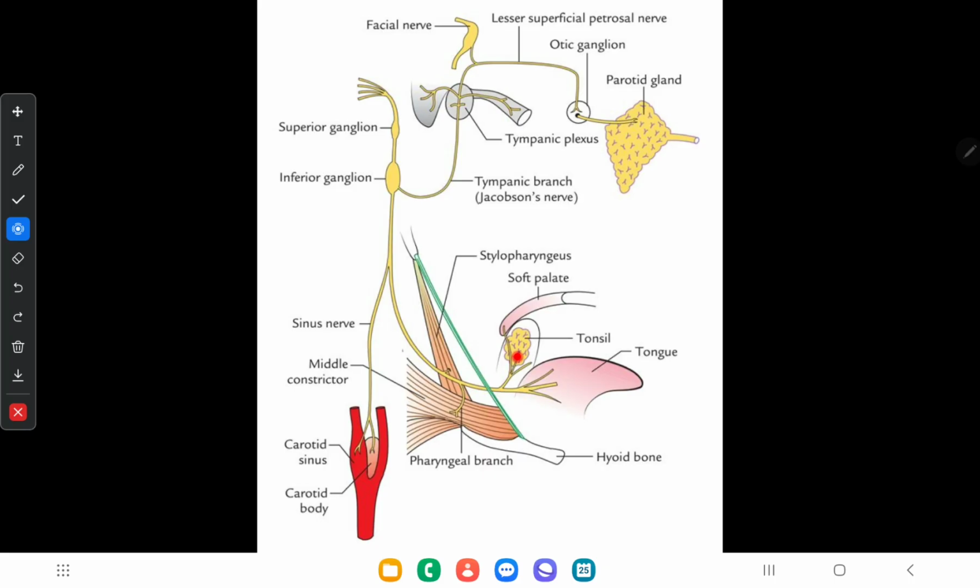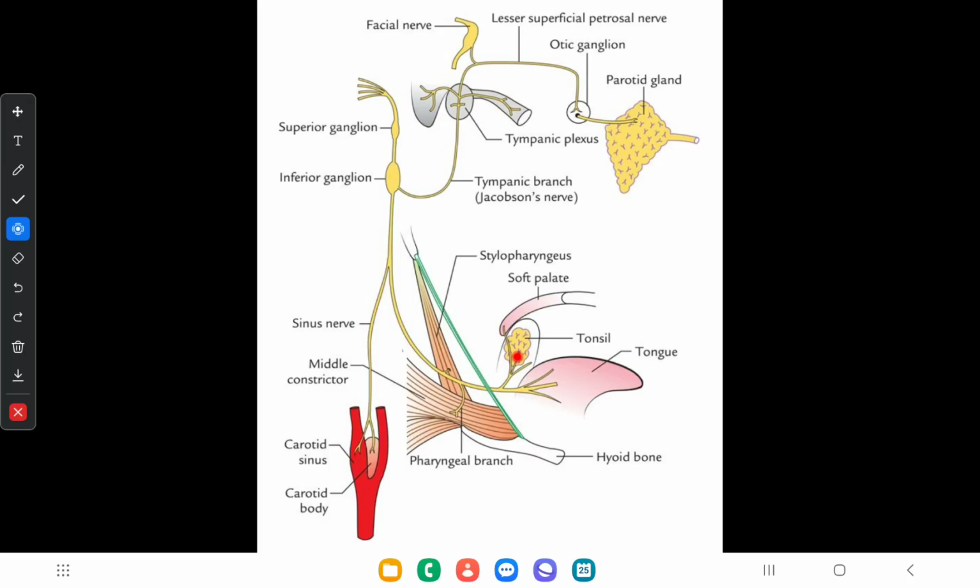This results in ipsilateral loss of gag reflex, ipsilateral loss of taste from the palate papillae, and ipsilateral loss of general sensations in pharynx and soft palate as well as posterior third of the tongue. Remember, if there is an isolated glossopharyngeal nerve injury, there is a loss of gag reflex, taste sensations and general sensations, all lost on the ipsilateral side, not the contralateral side.